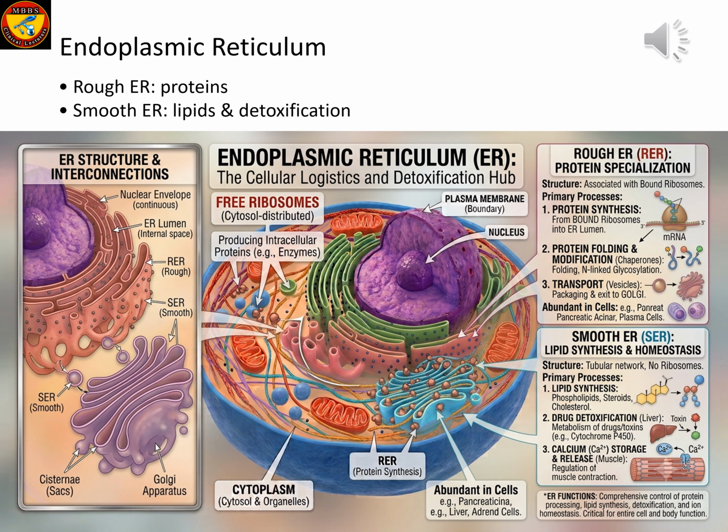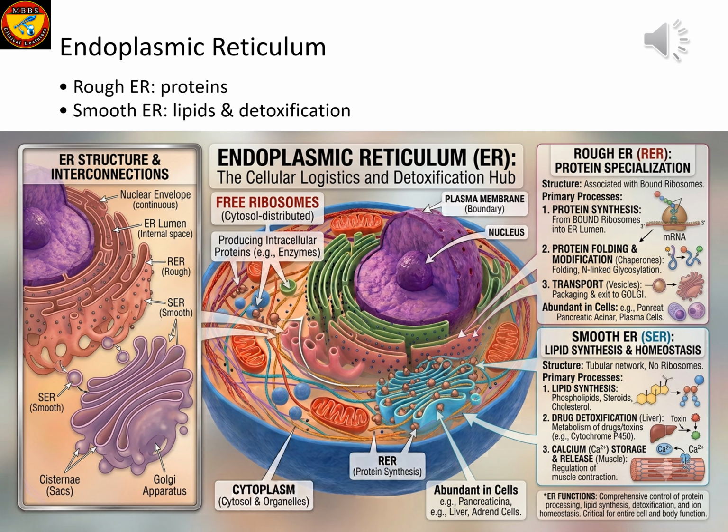Endoplasmic reticulum (ER). The endoplasmic reticulum is an interconnected membrane system. There are two types. Rough ER contains ribosomes. Functions: protein synthesis, protein folding, protein modification, transport to Golgi apparatus.